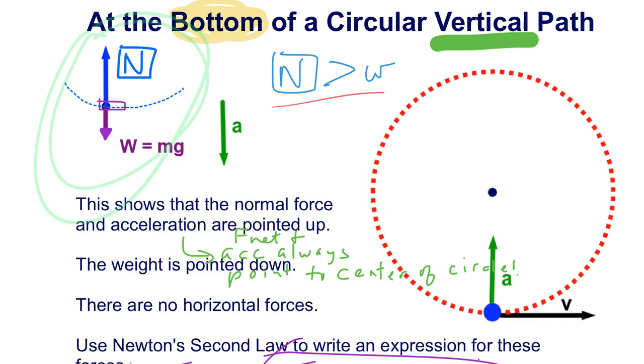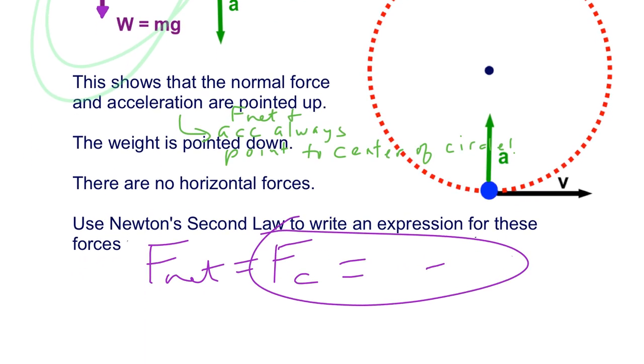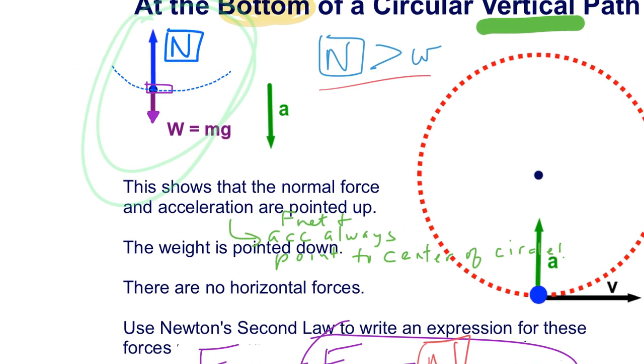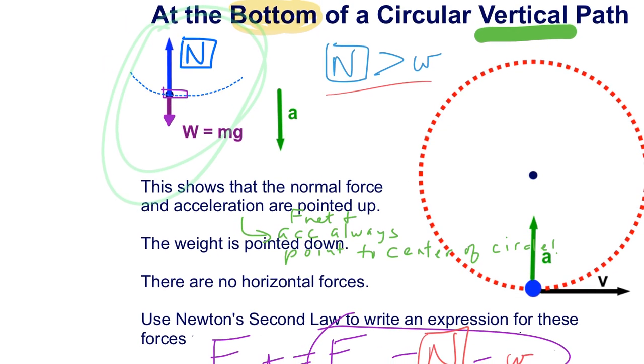Because you need a force pointing towards the center of the circle to keep the car moving around this vertical circle. And these two forces are opposing each other. So net force equals a bigger force, which better be the normal force, minus the weight.